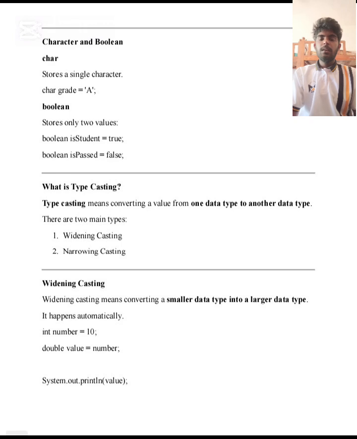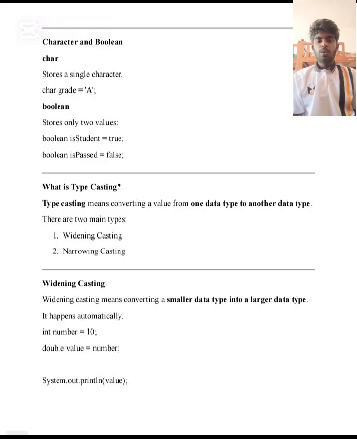For example, int number = 10, double value = number, System.out.println(value). Here the variable number is an integer. This value is assigned to a double variable.